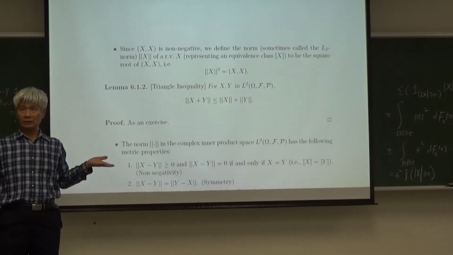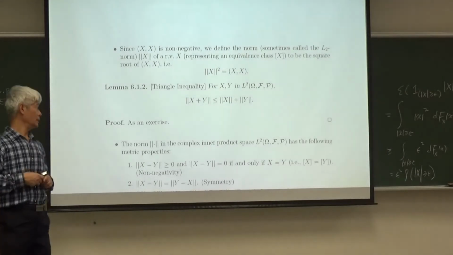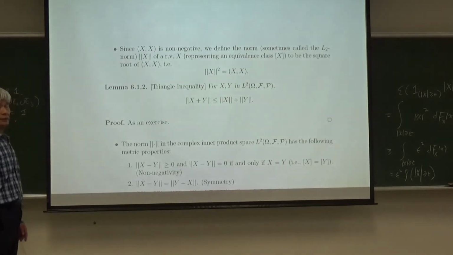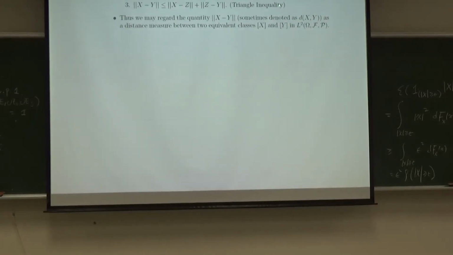Of course, there is no distinction between them from the observations. So we can say that the distance is 0 if and only if X and Y have the same probability distribution. Actually, they are equal with probability 1. And also we know the distance between X and Y is the same as the distance between Y and X, so we have symmetry. And we have the triangle inequality, of course.